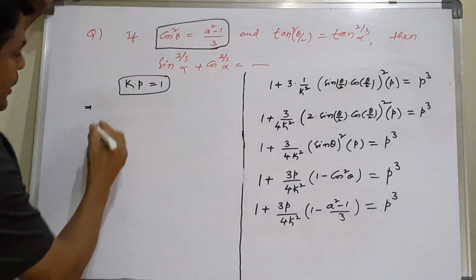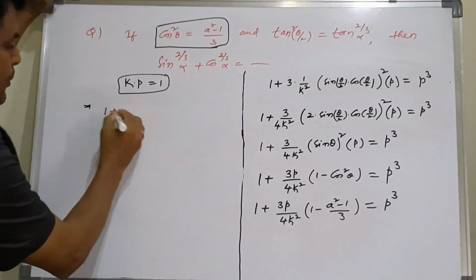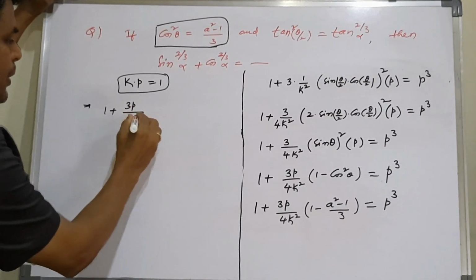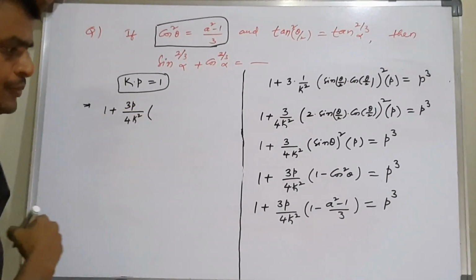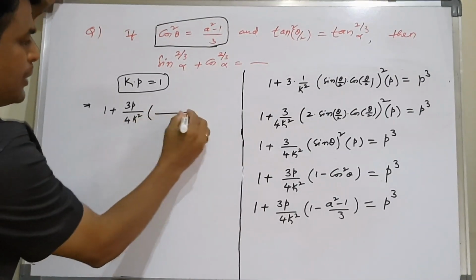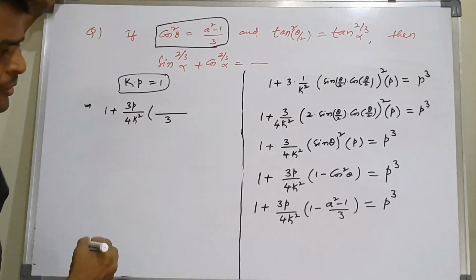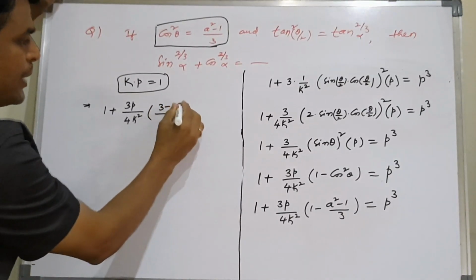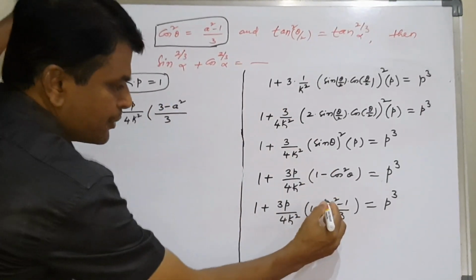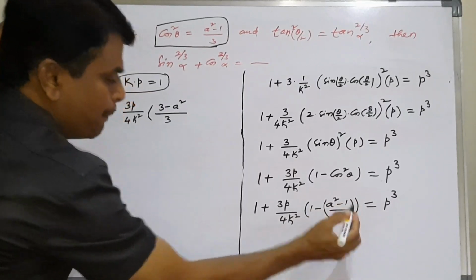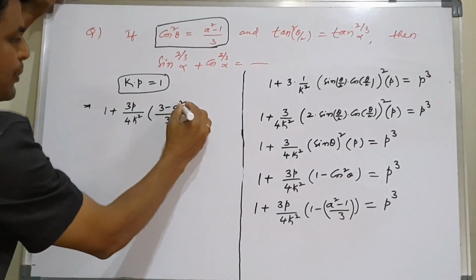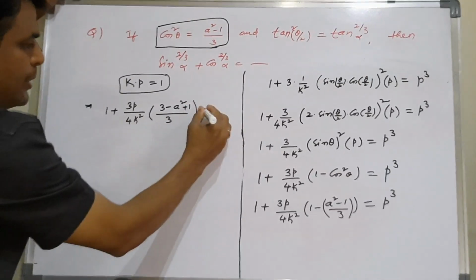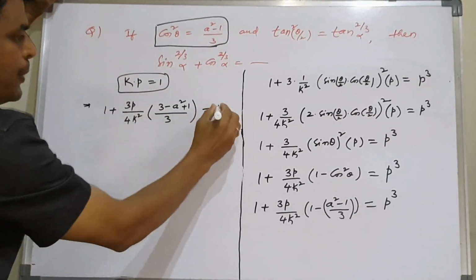On simplifying this, we will get 1 plus 3p divided by 4k square into, the denominator is 3 for us, so 3 minus a square, minus into minus it will be plus, so plus 1, that is equal to p cube.